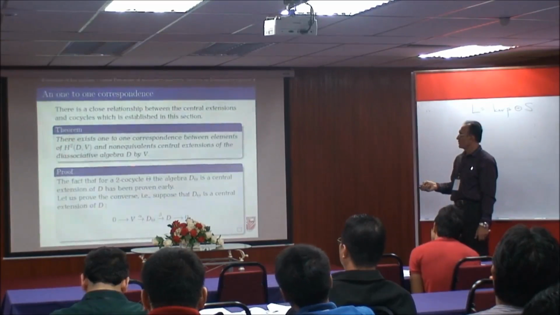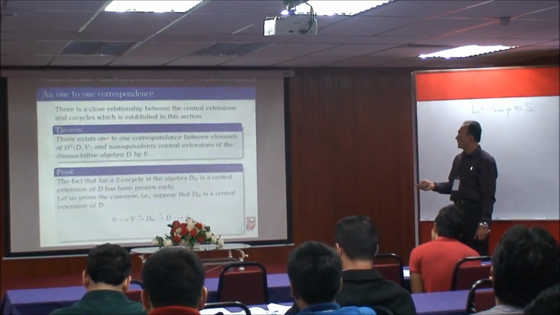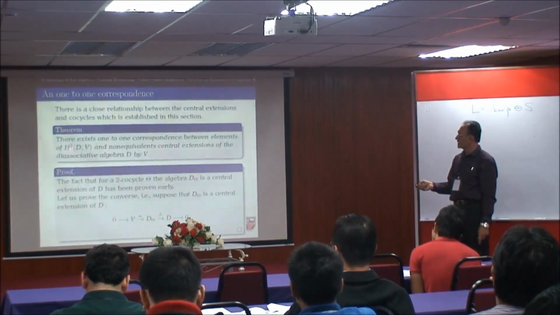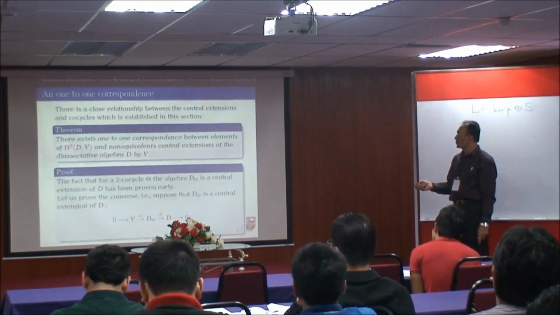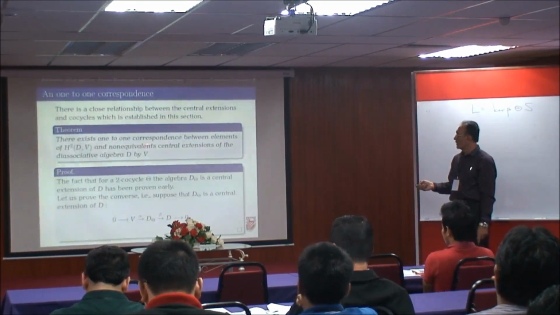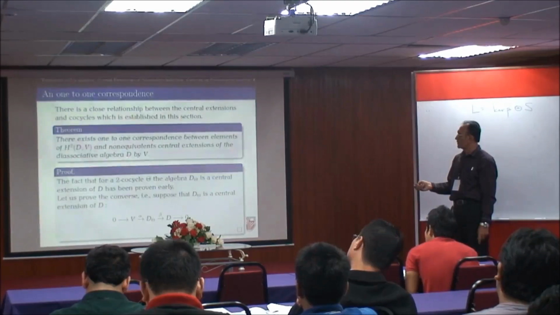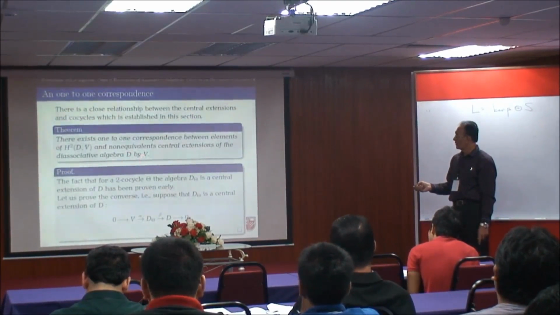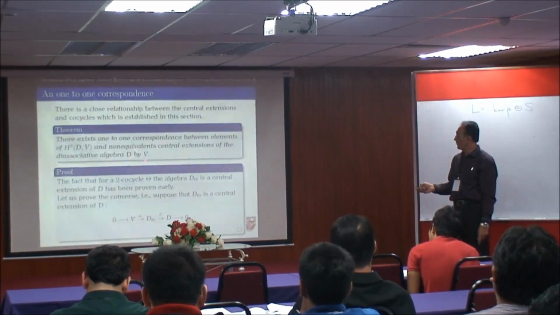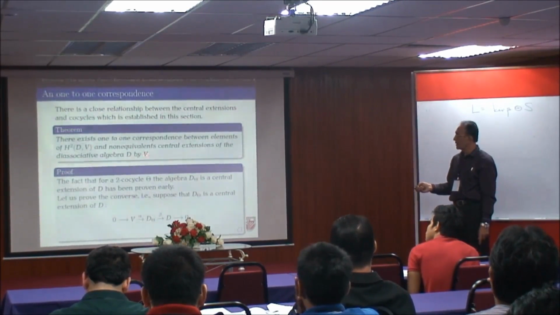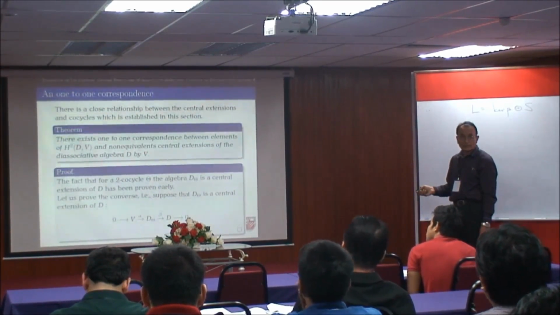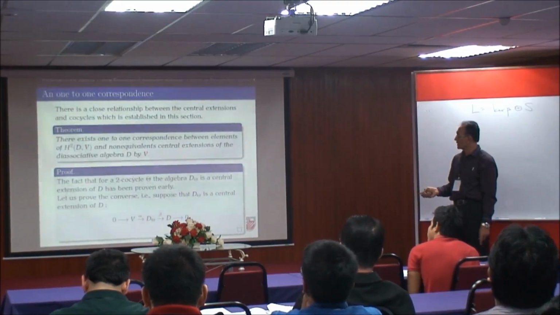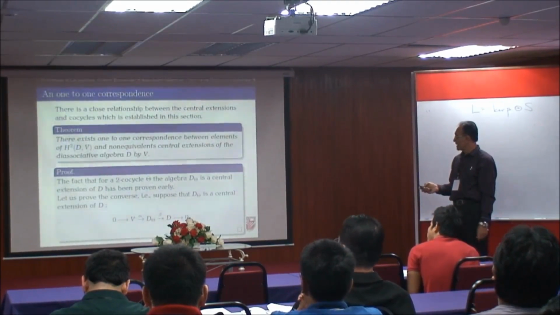This one is classical. There exists a one-to-one correspondence between elements of H2(D,V) and the non-equivalent central extensions of the algebra D by the trivial module V, because here the product is trivial, zero product in the vector space. Okay?